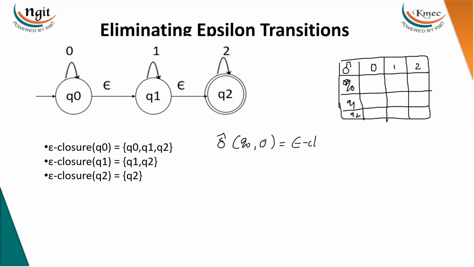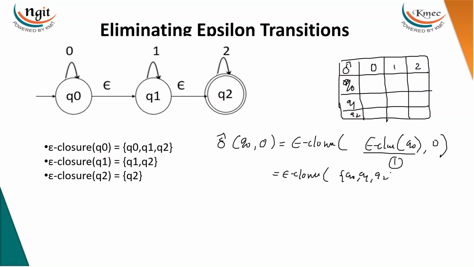Then you can write epsilon closure of Q0 comma 0. First, what is the epsilon closure of Q0? Apply it: Q0, Q1, Q2. Then you can go for it. Epsilon closure of Q0, Q1, Q2, comma 0. Then apply it. Read 0 on every state. Epsilon closure of Q0 comma 0, union Q1 comma 0, union Q2 comma 0.